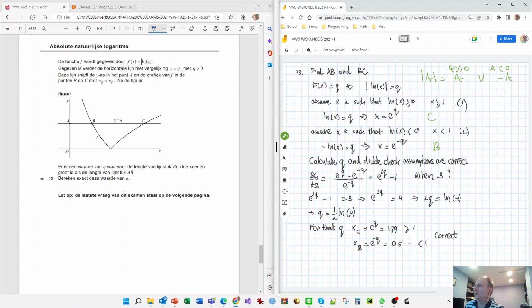And for the x of B, it is e to the power minus q. Again, substitute q is 1/2 log 4, and it's 0.5, which is less than 1, so the assumptions were correct. So this is the final answer.